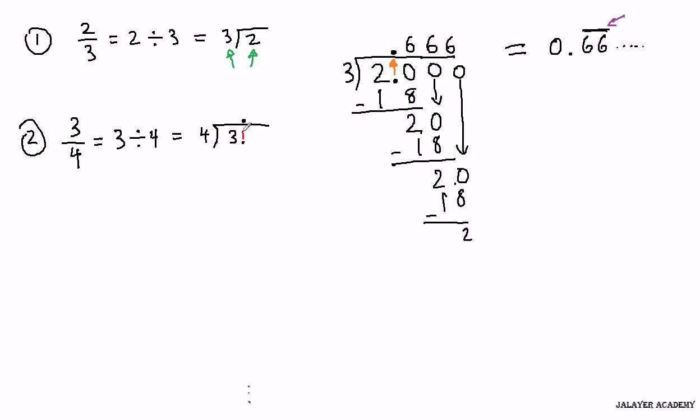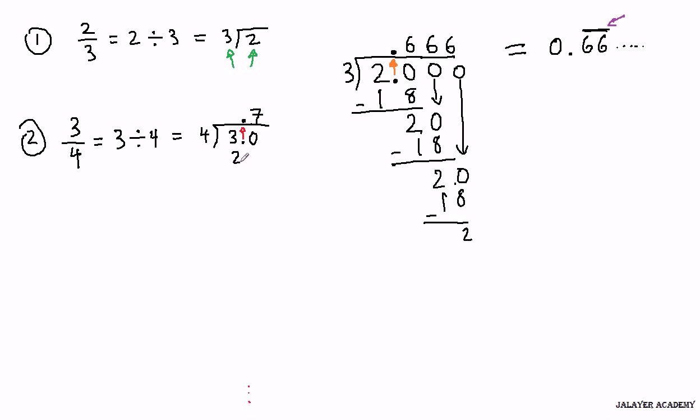Draw a little arrow here to remind you. Directly above, and we add a 0. Okay? Now, 4 goes into 30 how many times? Well, 4 goes into 30 7 times, and we make sure to put that 7 after the decimal point. Okay? Because 4 doesn't go into 3. That would be over here. But 4 goes into 30, so you write the 7 over here.